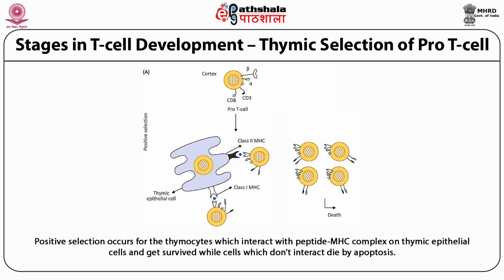For pro-T cells, first is positive selection, which means selection for only those T cells which are self-MHC restricted. It happens in the cortical region of the thymus, where the cell interacts with thymic epithelial cells. Now the pro-T cell which interacts successfully with a thymic epithelial cell either via class 2 or class 1 MHC molecule will get a protective signal, so it will survive, and those cells which have not received any signal or have not interacted with thymic epithelial cells will undergo apoptotic death.